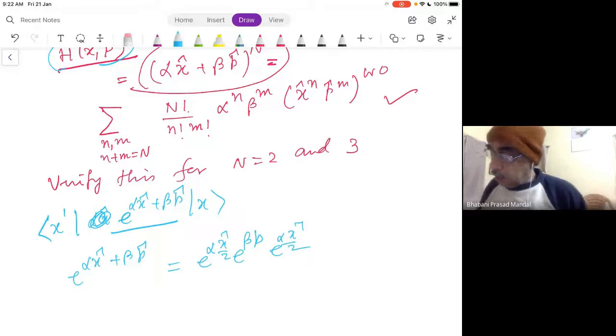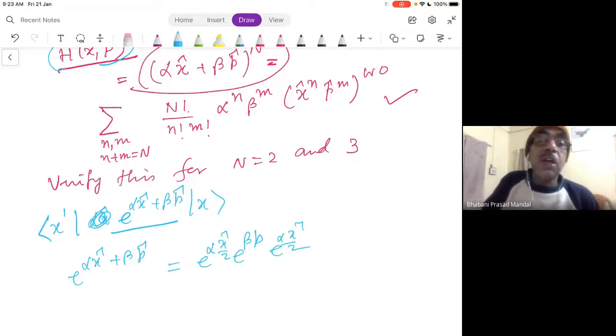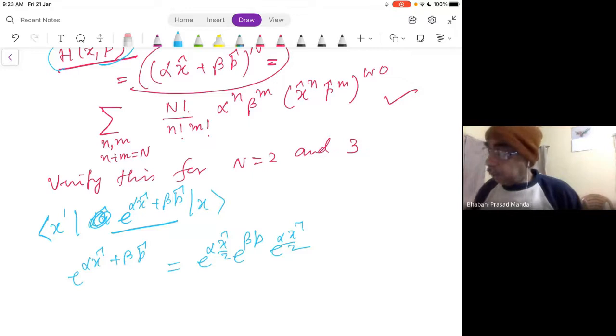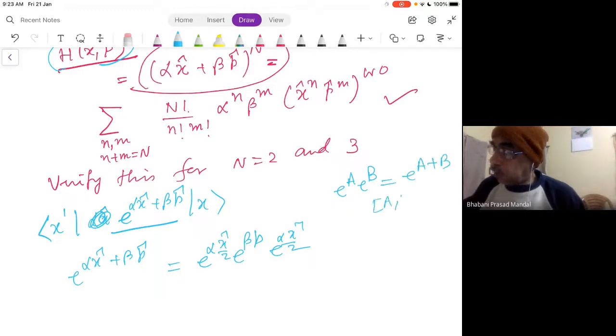This is funny, but you know there is a formula: when you have operators which are commuting, then e to the power a plus b equals e to the power a times e to the power b, when the commutator of a and b is 0.